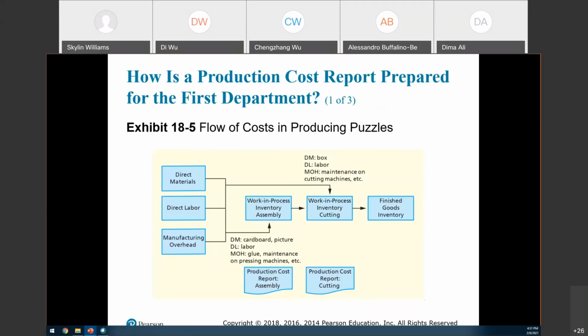Well, again, I would like to repeat the processes within this company. First of all, 3 parts of cost. They are direct materials, direct labor, and manufacturing overhead. First of all, the total cost flows into the first department. The first department is the assembly department.